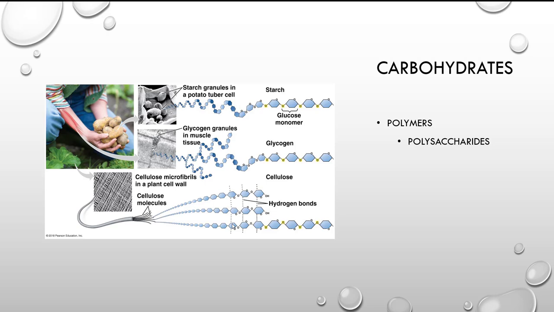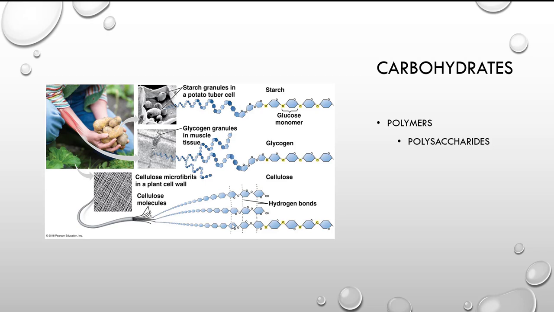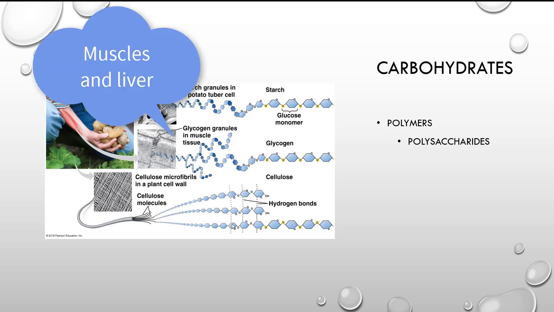Glycogen is basically the same thing for us. It's like starch for us. Its monomer is still glucose, and it's a glucose storage for animals. You can see that it's highly branched compared to the starch. Where we tend to store glycogen is in our muscle cells, because if you think about it, muscles need lots of glucose to undergo chemical reactions to move.